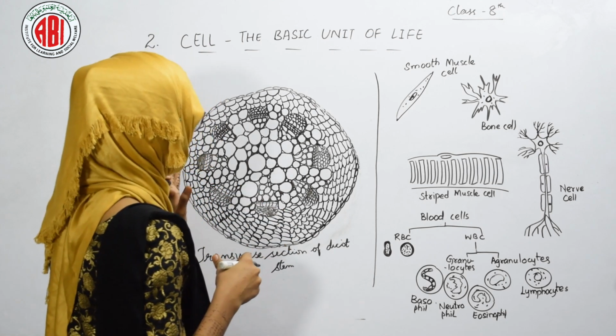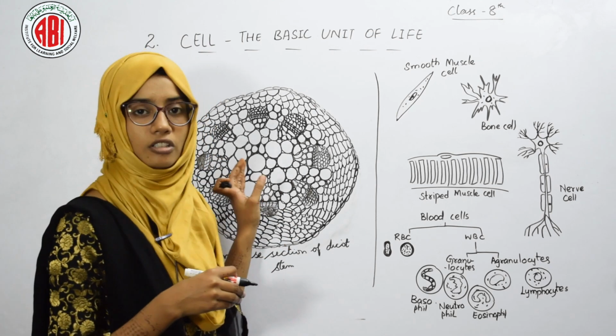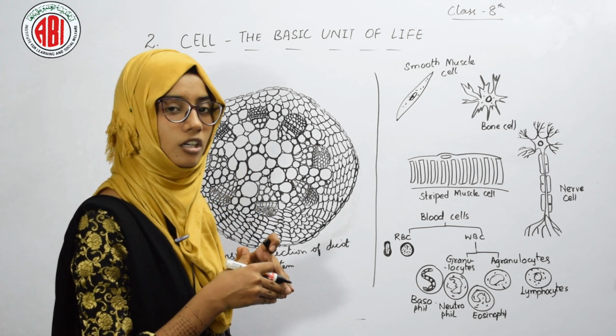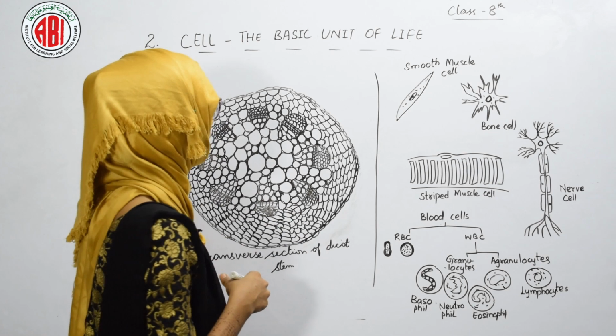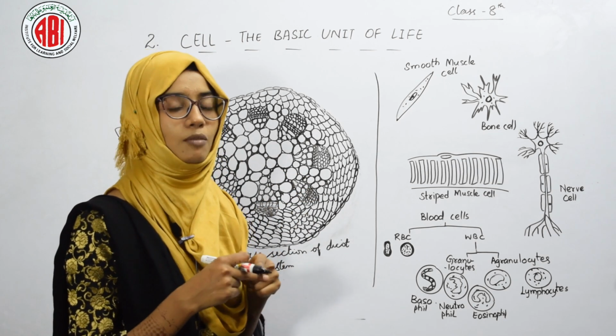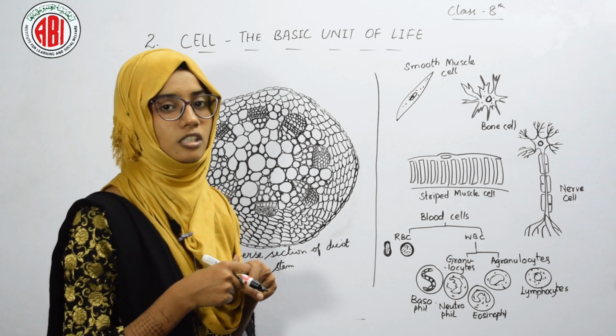So this is the transverse section of the plant. When we observe it under the microscope, we can see this type of structure, where we can see the different types of cells present in the plant.